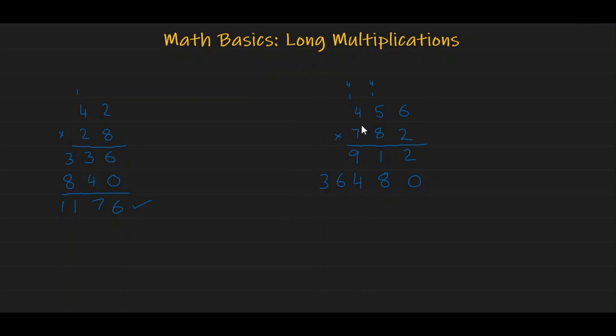Now you'd multiply 7 by the same number, but because it's in the 100th place, you would start with 2 zeros. 7 times 6, you get 42. 7 times 5, get 35, plus 4, would be 39. 39.